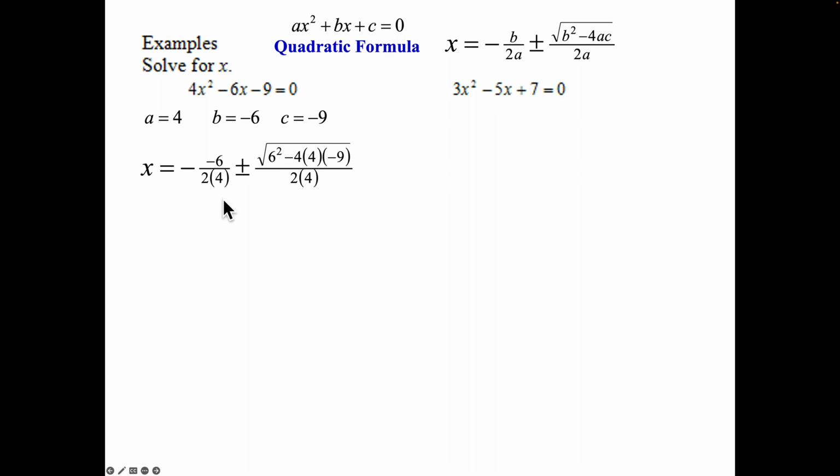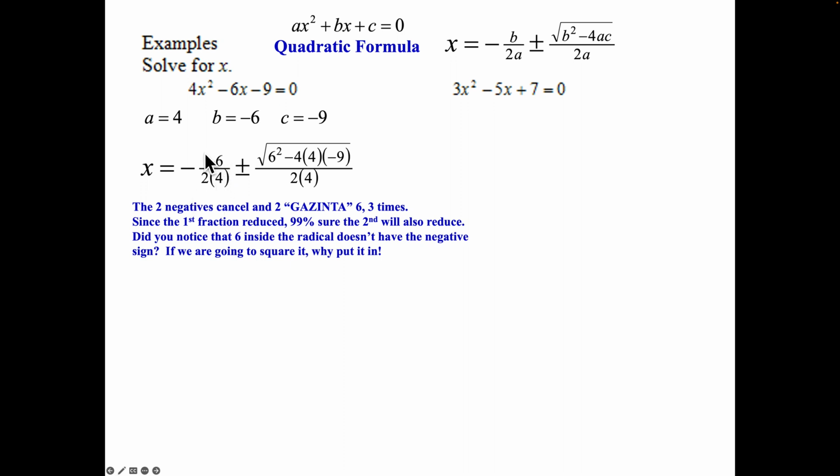Okay, the next thing I want you to notice here is that my first fraction is going to simplify. The two negatives will become a positive. The 2 can divide into the 6 3 times. Okay?